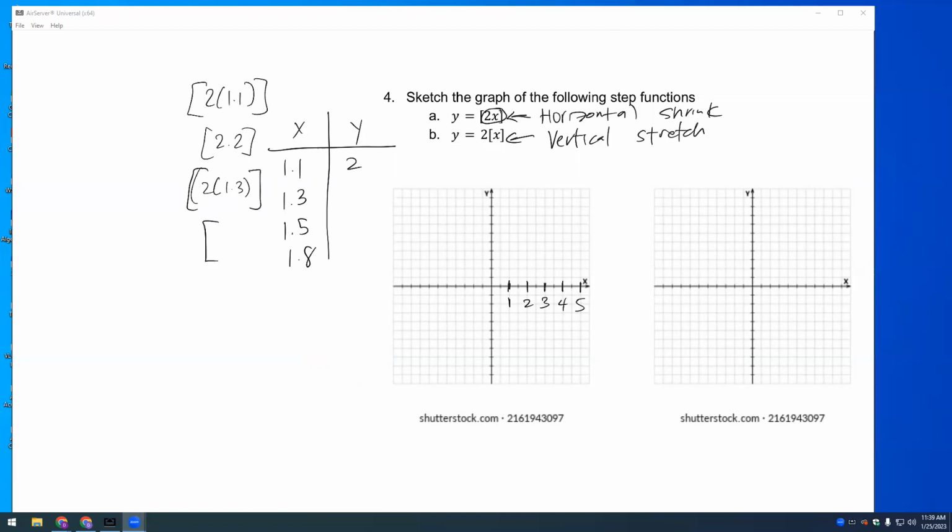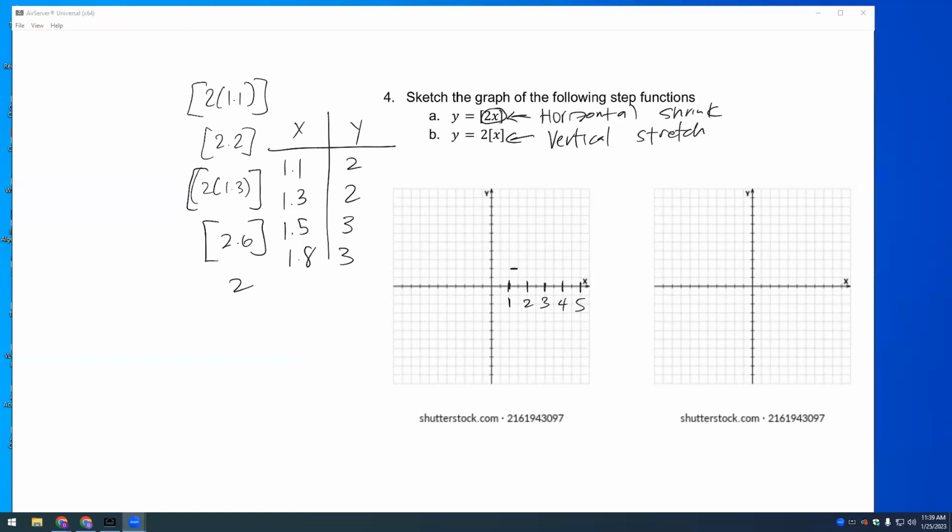This is 2.6, round down would be 2. What happens if I do 1.5? It equals 3. 3, good. And this will be 3 up until 2, right? So at 1.1 and 2 would be like right here, right?